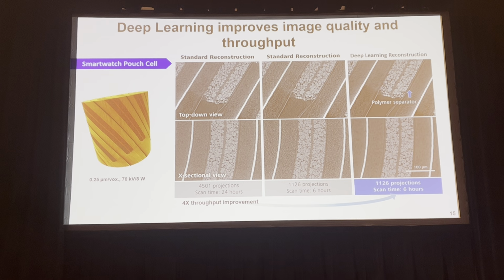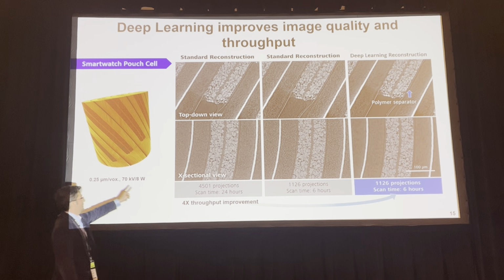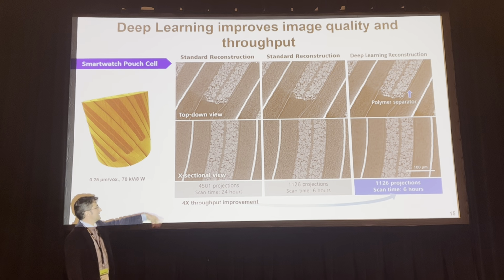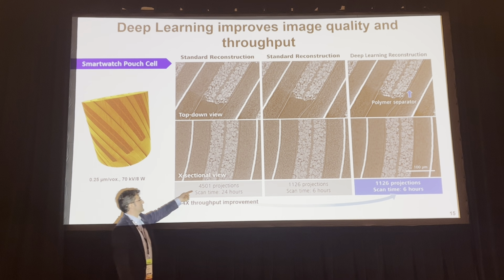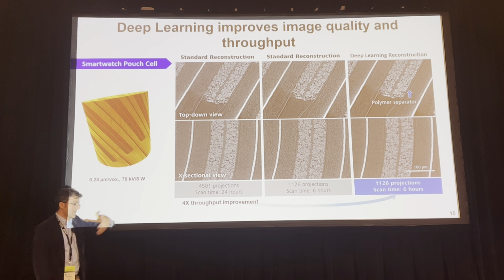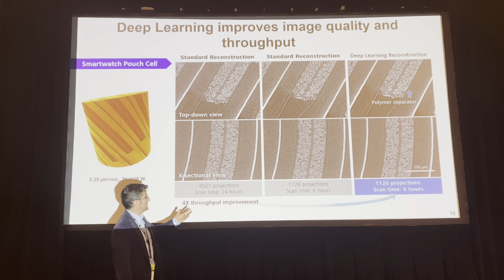And here are some of the examples. This is one of those batteries that I showed before. You see what you get with a standard type of reconstruction. And yes, we might be exaggerating a little bit in terms of the number of projections, but it's a very long scan. This is the traditional way of reconstructing with this standard back projection.